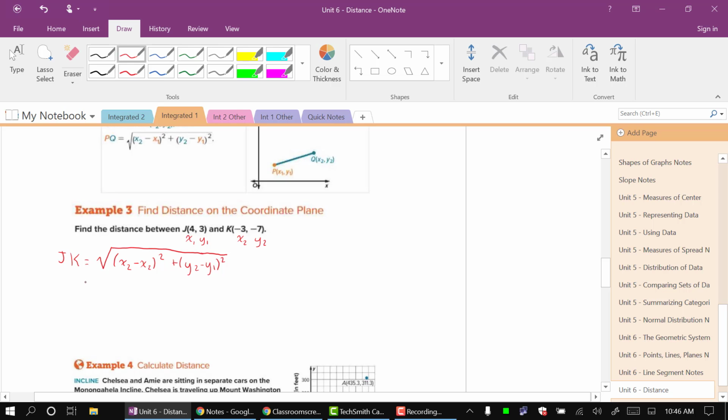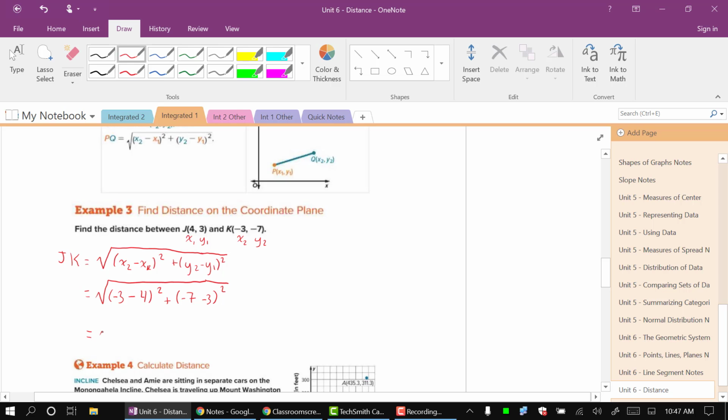Plug in the numbers that we have. x2 is negative 3, and x1 is 4, so negative 3 minus 4 squared, plus y2 is negative 7, and y1 is 3, so negative 7 minus 3 squared.